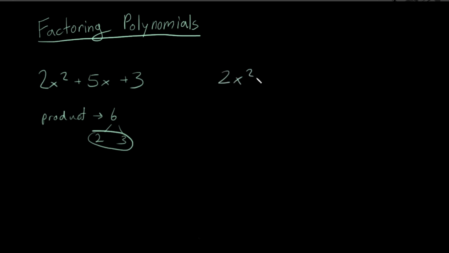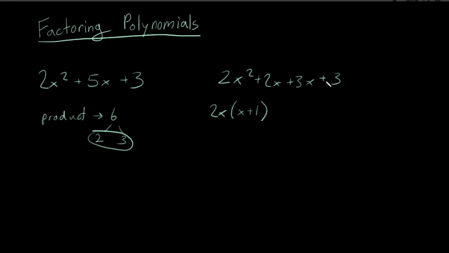So 2x squared plus 2x plus 3x plus 3. Now here we can see 2x is a common factor since we have 2x squared and 2x. So if I take these out, I'll have 2x times x plus 1 because 2x divided by 2x is 1 and 2x squared divided by 2x is x.